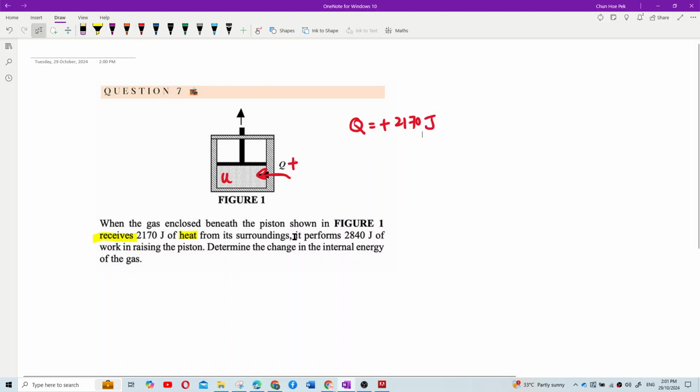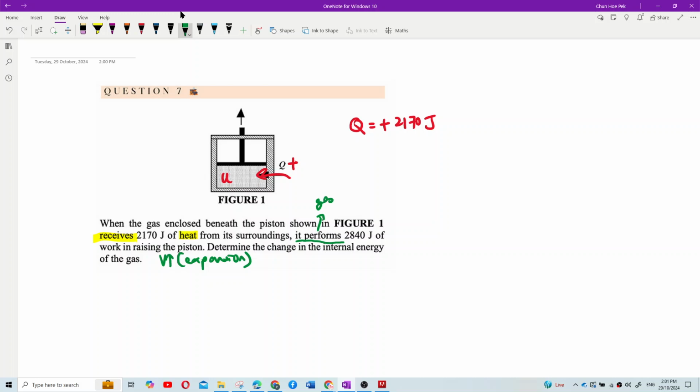Okay? It receives this amount of heat from the surrounding. But then it said the gas performs 2,800 joule of work to raise the piston. Raise the piston means volume increases. Expansion is work done positive. It says the gas performs work, that means the gas does work, kan?